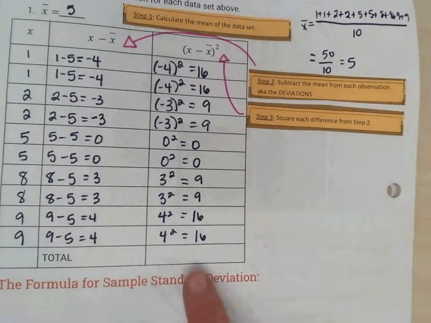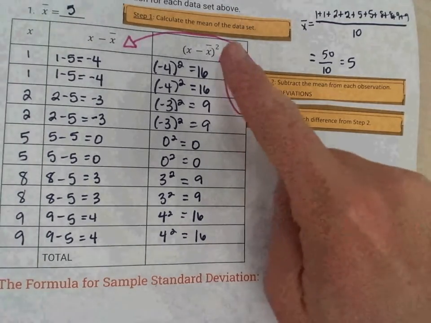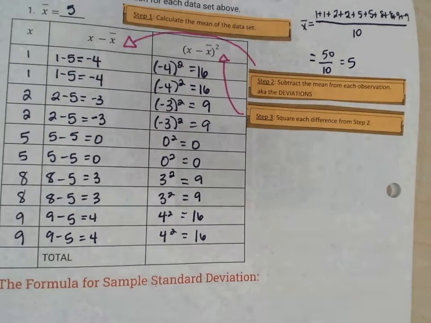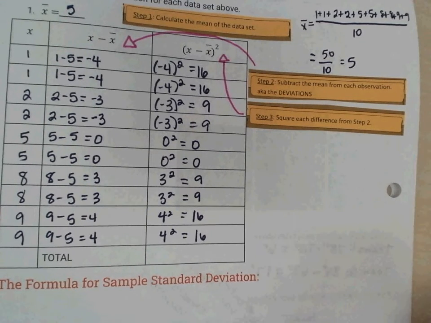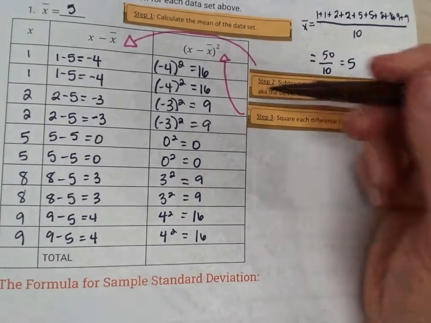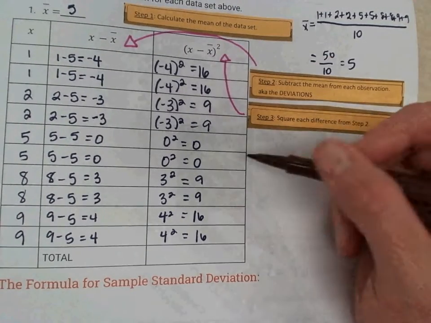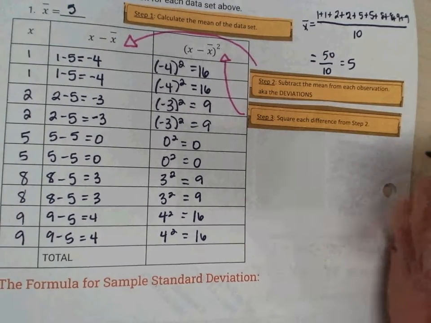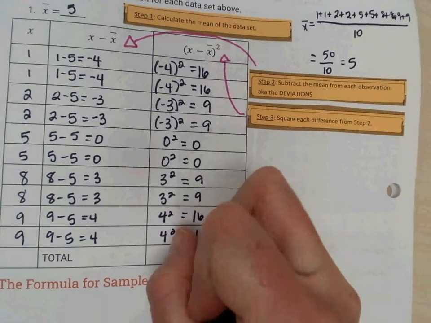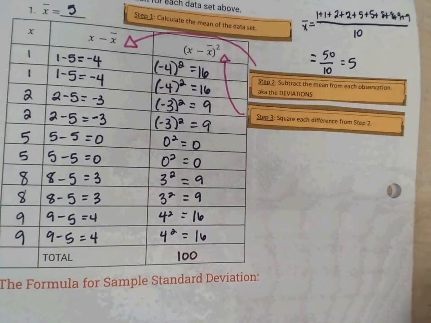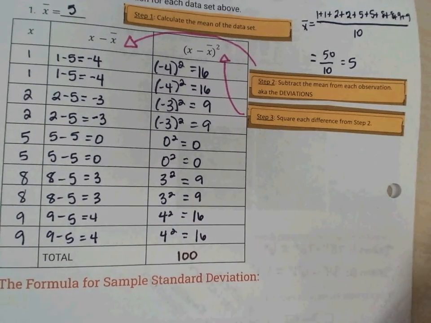And then we're just going to find the total of all of these squared values of the deviations. Anybody calculate that? Little mental math. You got some 16s and some 9s. It's 25. You got 4 of those. You got 100. The total is 100.